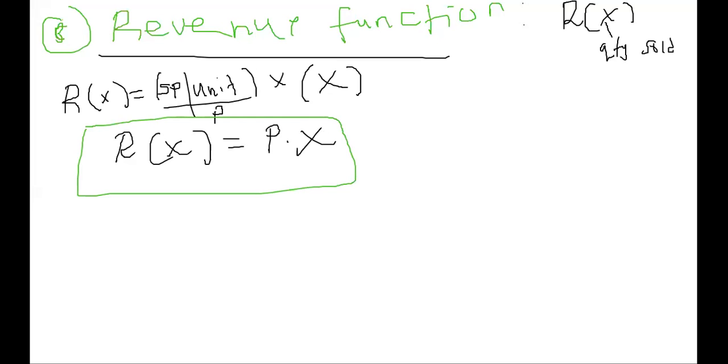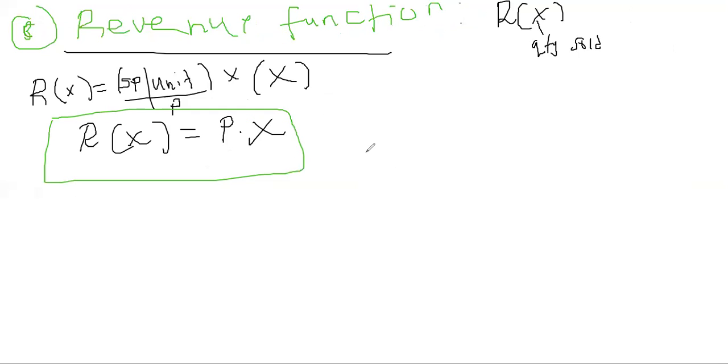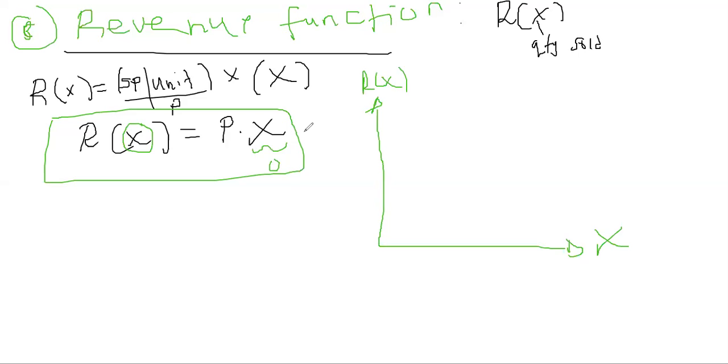So let's look at it graphically, geometrically. Obviously, it will be only the positive quadrant. Remember, revenue is a function of quantity sold. So this will be X, that is the quantity sold, then the revenue will be this. Obviously we know that if the quantity sold is 0, then 0 times P will be 0.